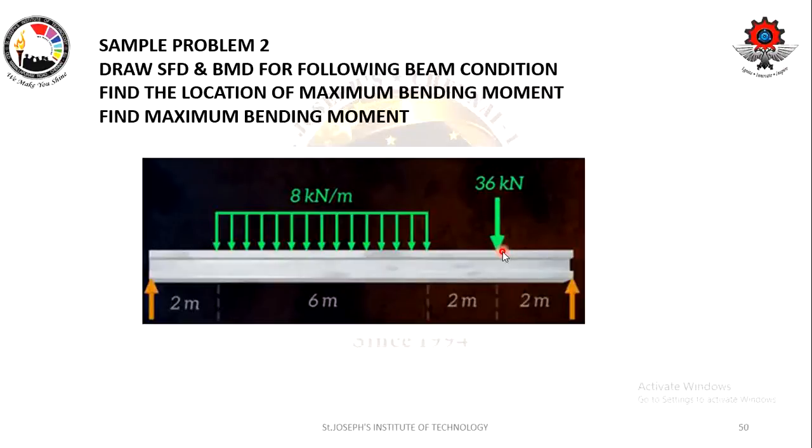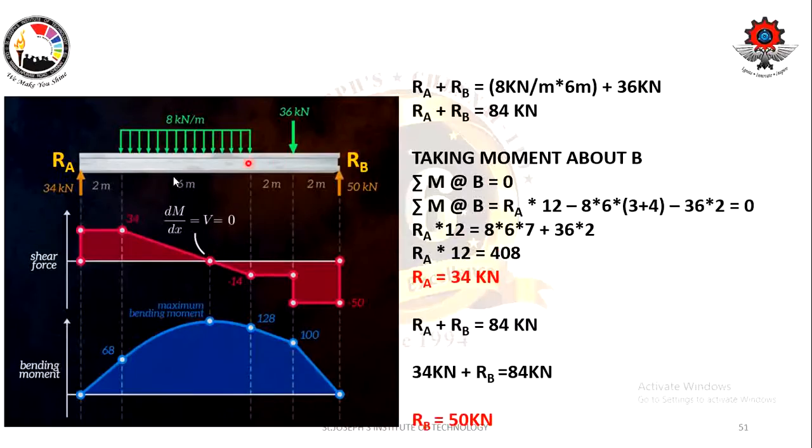We'll move step by step. Let us name all the points. Let this be A, this be B, C, this point is D, and this point is E. Now the first step is to find the support reactions RA and RB.